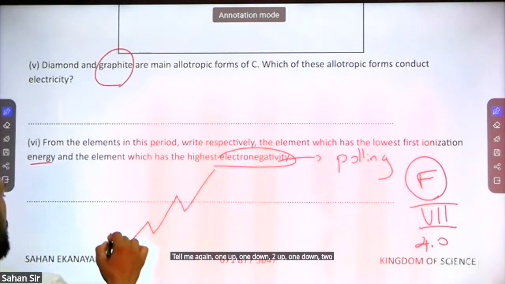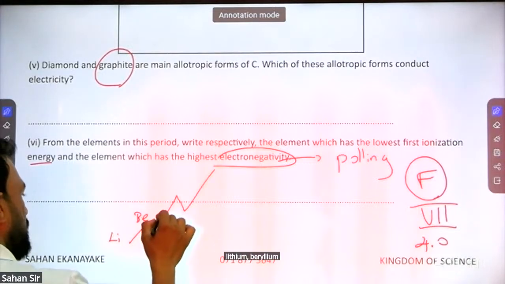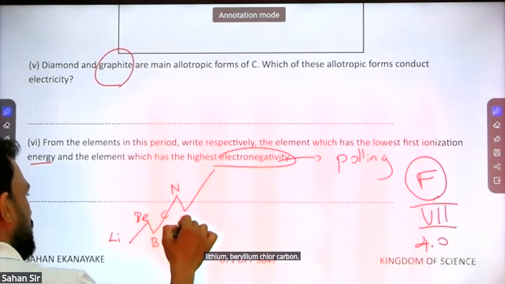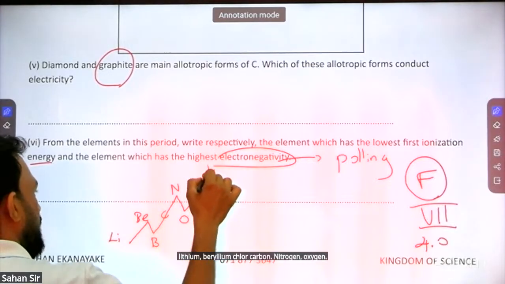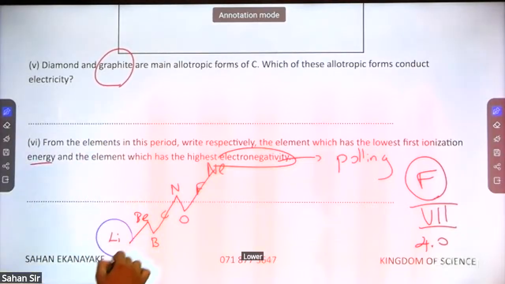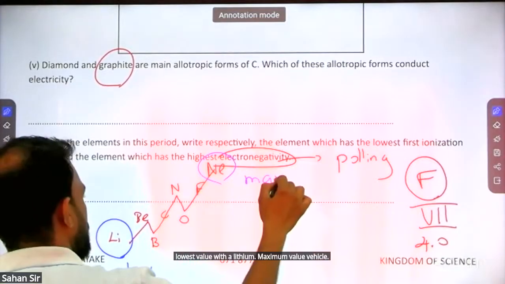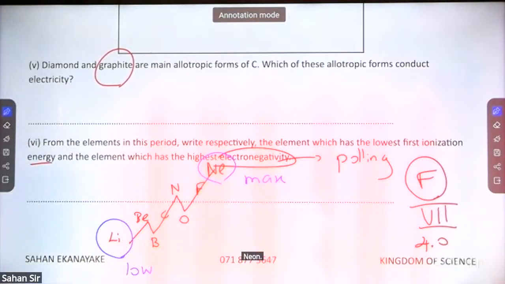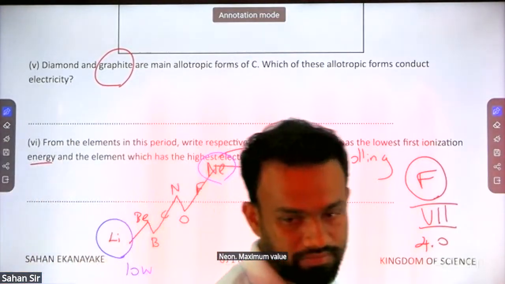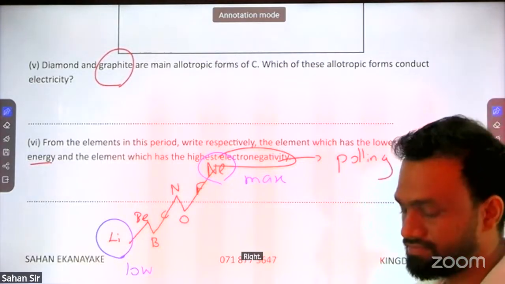That means lithium, beryllium, boron, carbon, nitrogen, oxygen, fluorine, and neon. So lowest value with lithium, maximum value with neon. Is it clear? Very easy.